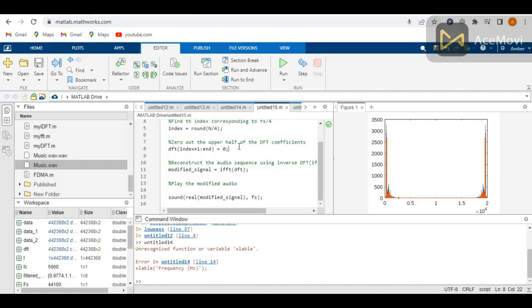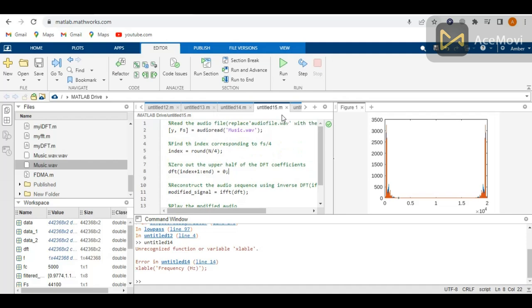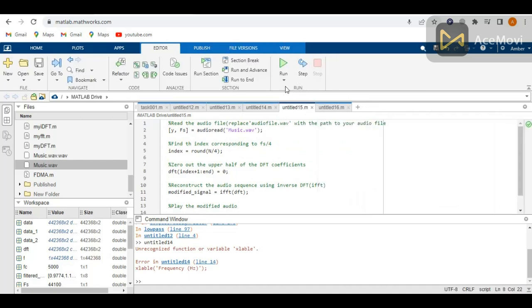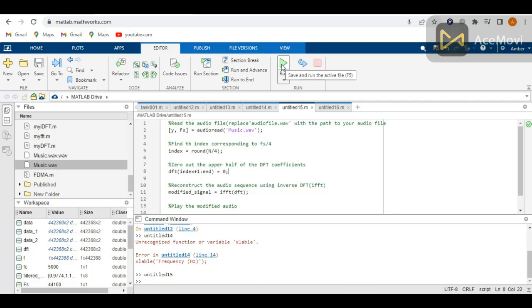fs divided by 4, and then we set the upper half of the frequency components, based on fs by 4, to 0. By removing this upper half of the frequencies we will get a sound like this. When we run this code we get very slow music.